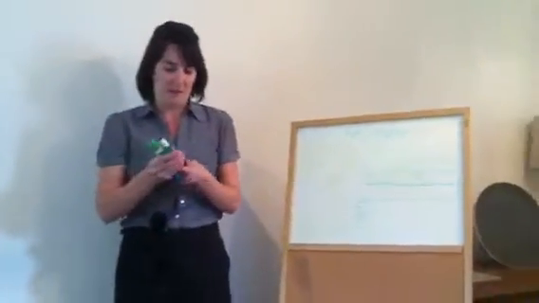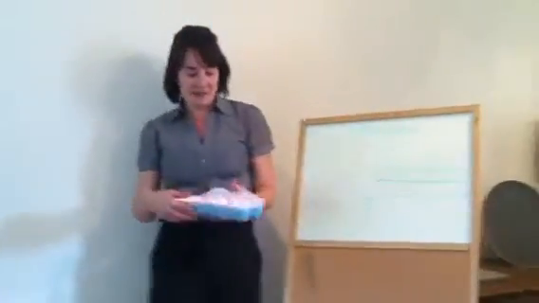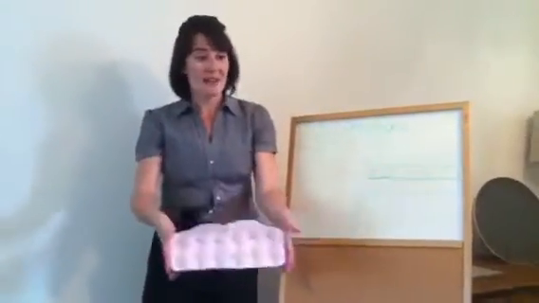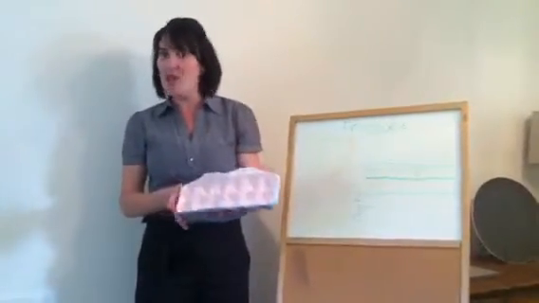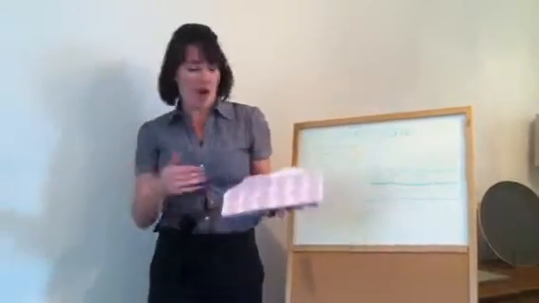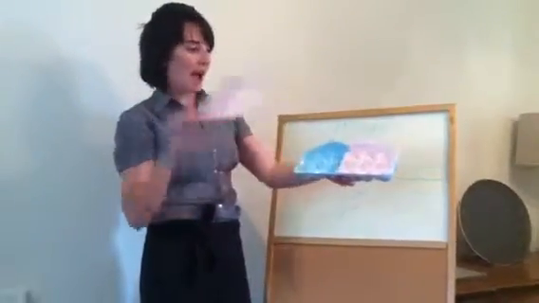Here's another way to think about this. Let's say we have an egg carton. There are 12 eggs, 1 dozen in 1 carton. So how would I figure out 1/2 of 12? Well, let's take away half.